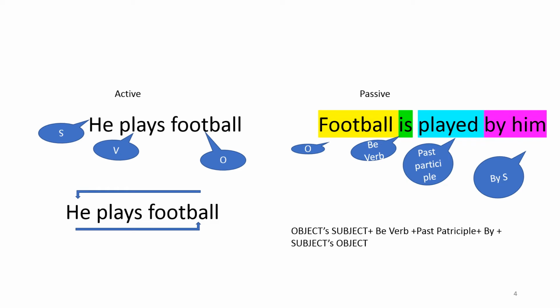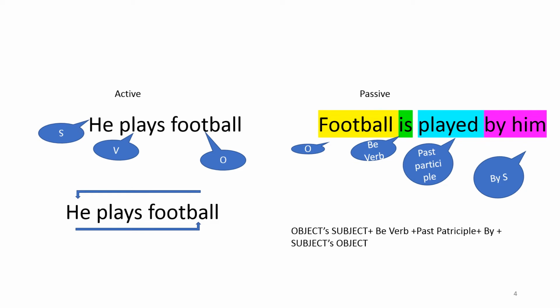We'll have to be very mindful of this rule. If we can understand it, then everything will be very easy. Now as you can see, in this case the be verb is is. So we should know what are the be verbs that can be formed.